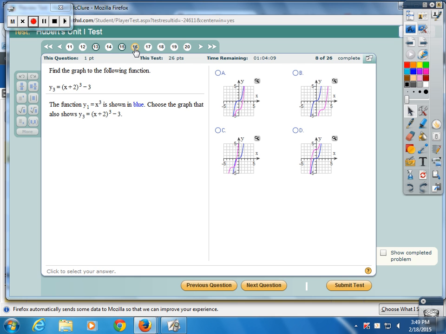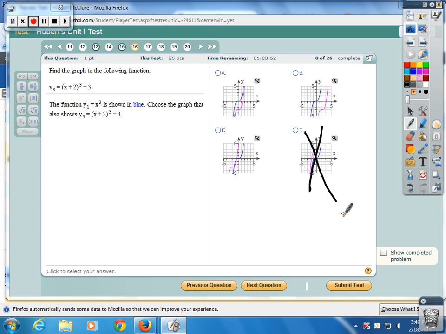Okay, we did one like this. That looks like the one we just did. But what's the vertical shift? -3. So we're looking for something negative. That's not it. Why is this one not it? Because that's up. All right, we need a horizontal shift of 2 to the left.